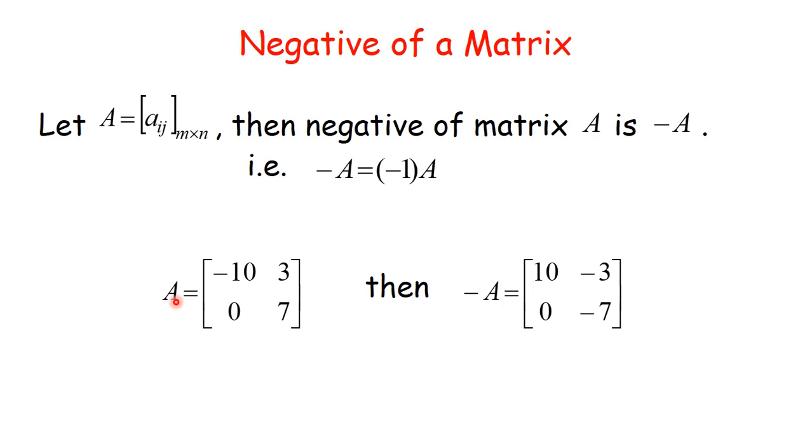Now consider the example. Suppose A is a 2 by 2 matrix, then minus A is obtained by simply multiplying minus 1 to each element of the matrix. So I will get minus A by multiplying minus 1 to each element, and I will get this matrix.